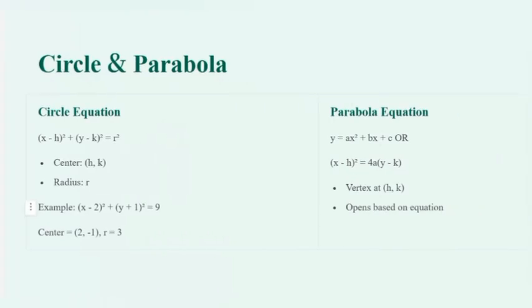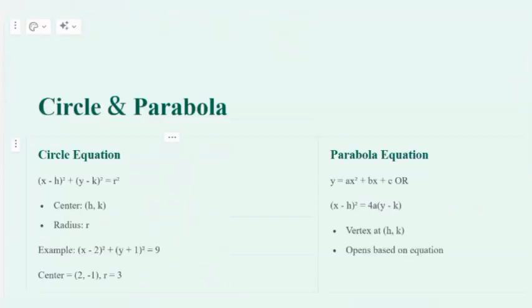Then the parabola. Each of these conic sections, based on the fact that they are formed differently, has its own differing equation, right? For the parabola, the formula is given as follows: y equals ax squared plus bx plus c. It's important that you know what these terms stand for.